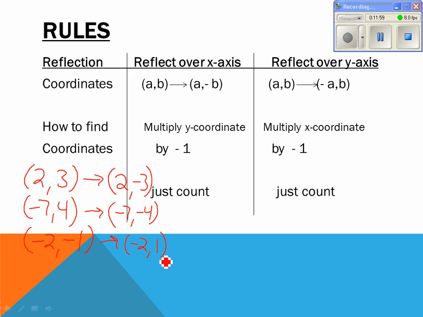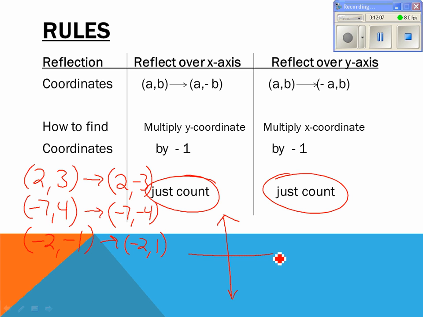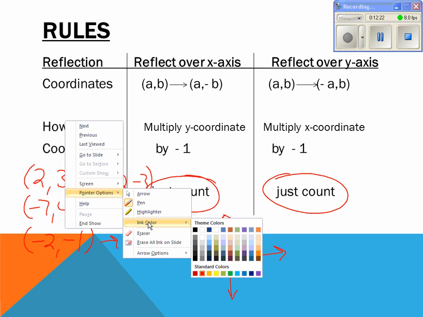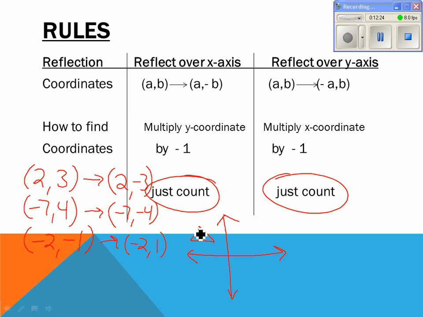Now down here I put just count. This is probably what you got used to doing when you did reflections in the past. If I draw a triangle here, and we want to reflect it over the y-axis, probably what you've done in the past is you just took each of the corners and you counted how many spaces it was to the y-axis.